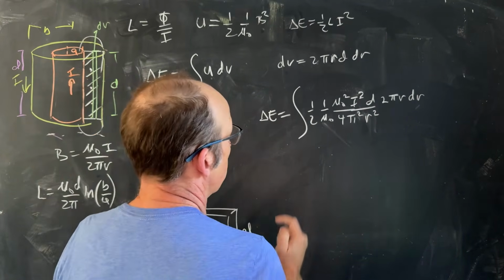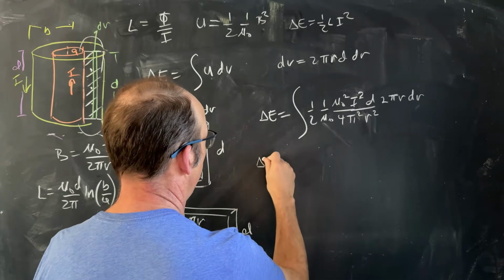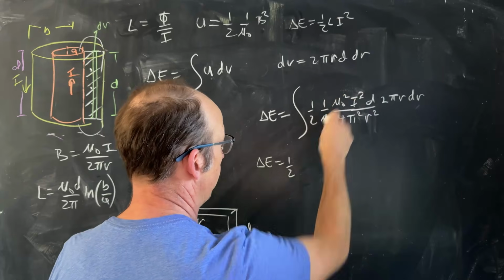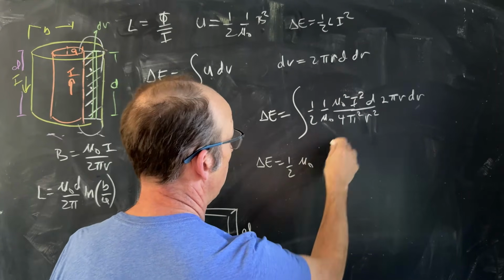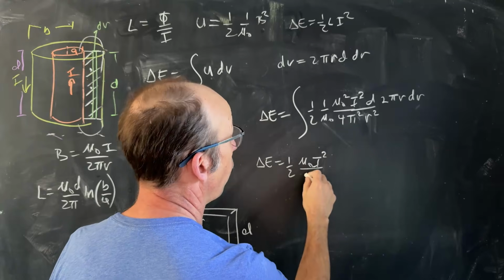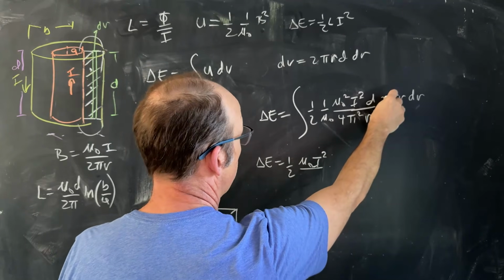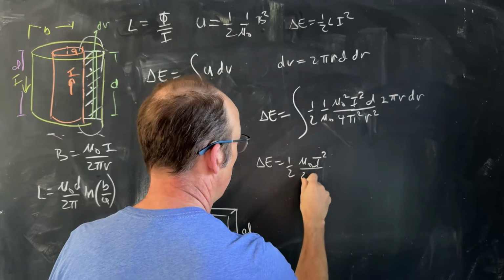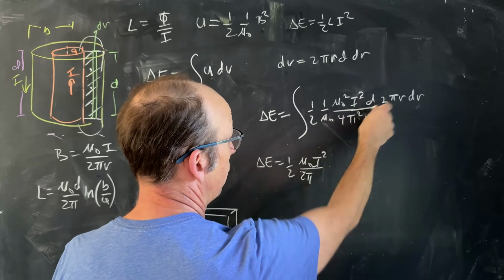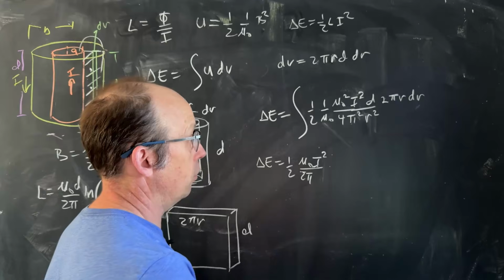Okay, so I'm just going to factor out some stuff. 1/2, I have a mu naught and a mu naught squared, so I get mu naught. I have I squared. I'm going to keep the 4 pi squared, and I have 2 pi up there, so I just get 2 pi on the bottom.